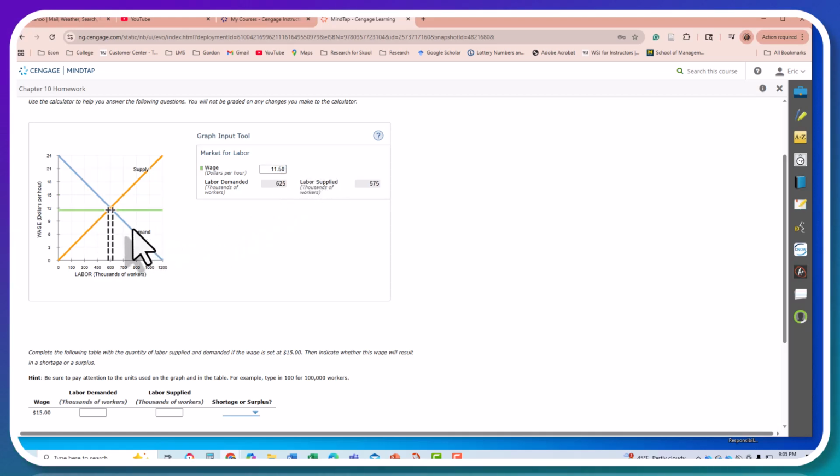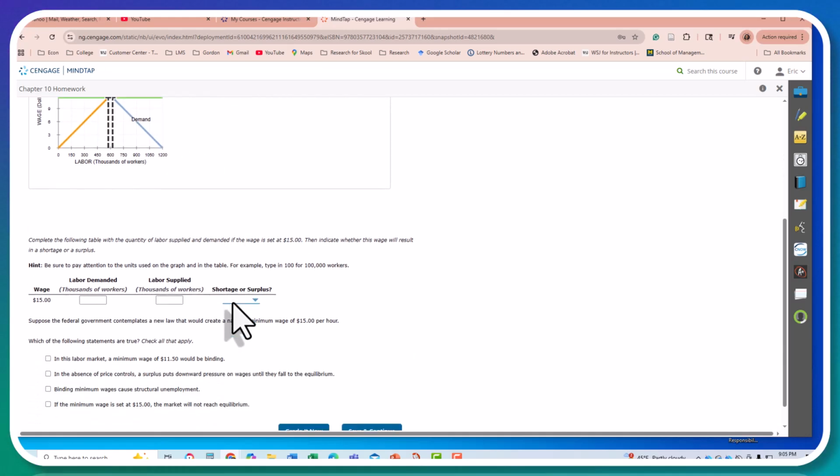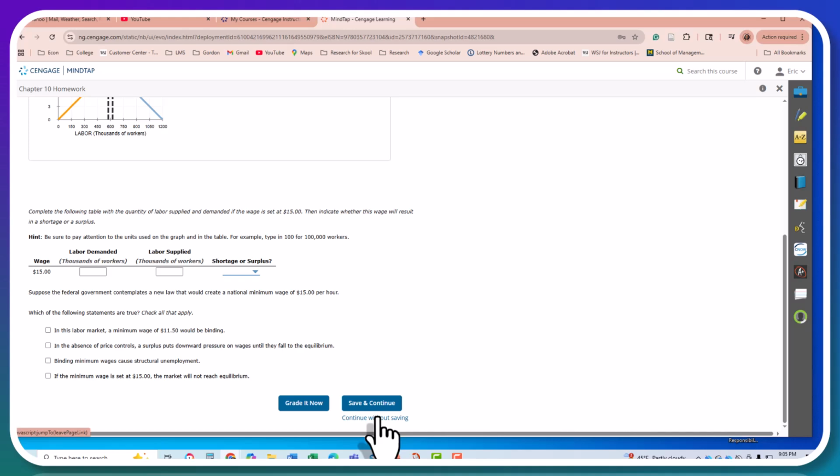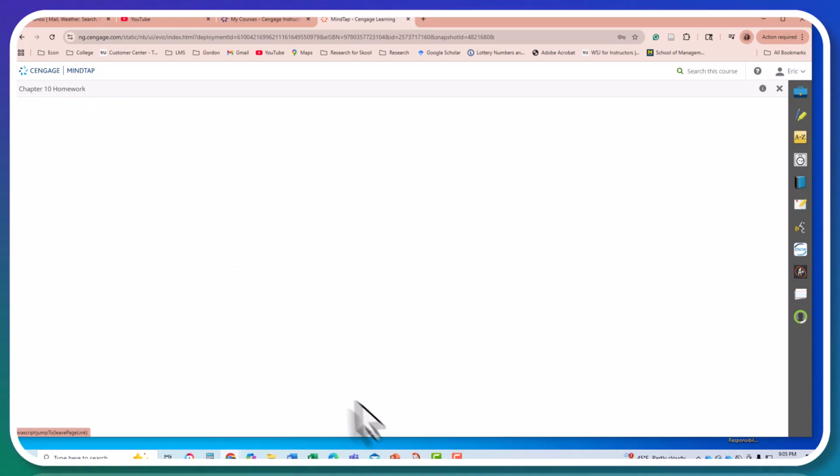It is slightly below equilibrium. Equilibrium looks like it is hitting right about $12. You would still get a little bit of an excess because some employers would be willing to pay a little bit more. I'll just leave you with that tidbit.